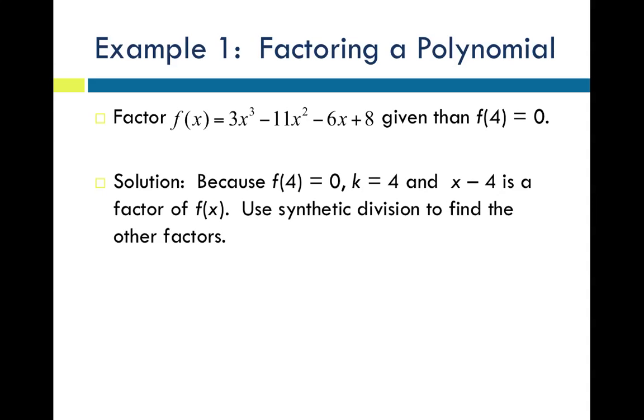So based on the factor theorem that we just saw, if f of 4 equals 0, then that must mean that the k value we're talking about in this case is the 4. That also means that x minus 4 can be a factor. So we're being told here to use synthetic division to then find the other factors.